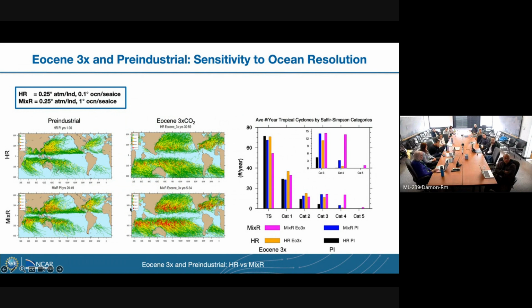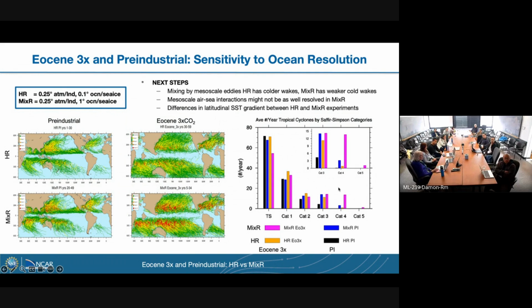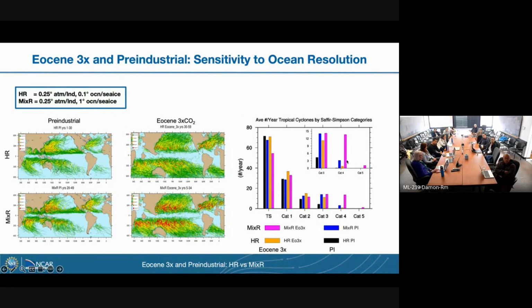And you can kind of already see it just looking here. We have stronger, more intense storms in the Eocene. Also, that's true in the pre-industrial, though not as noticeable when you have a low resolution ocean underneath the high resolution atmosphere. And that's really noticeable if we just look at the categories here.